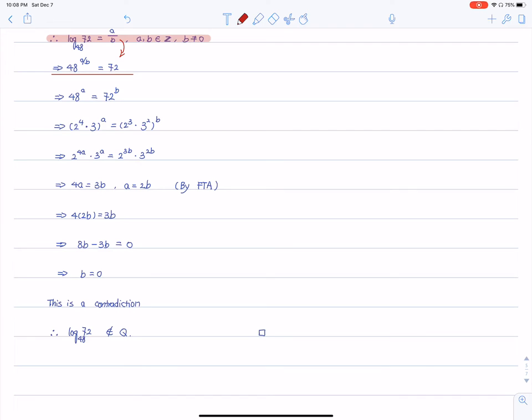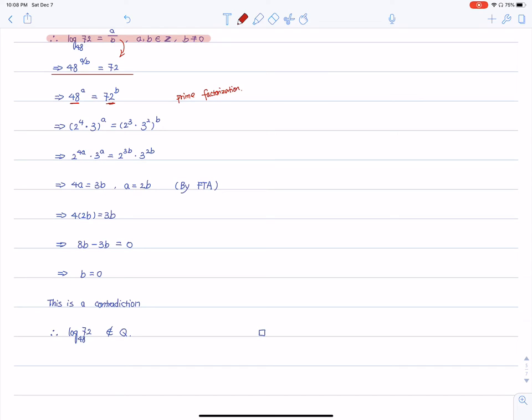Then you can write the prime factorization of 48 and 72. Okay, so 48 equals 2 to the power of 4 times 3, and 72 equals 2 to the power of 3 times 3 to the power of 2. Okay, here you used prime factorization. Please make sure you know how to do this.